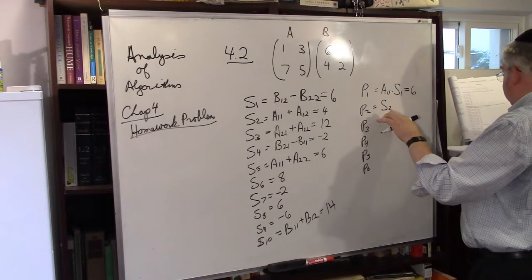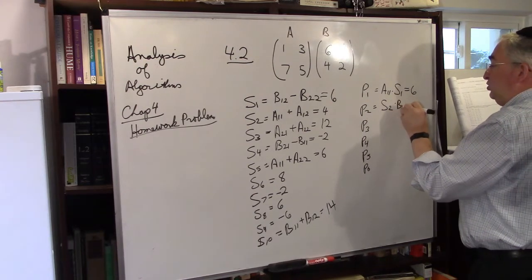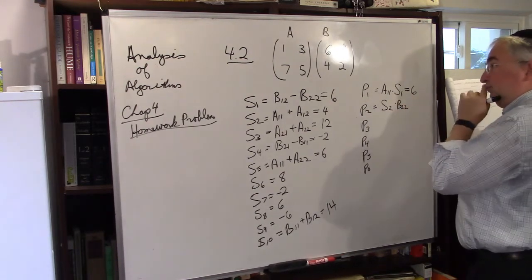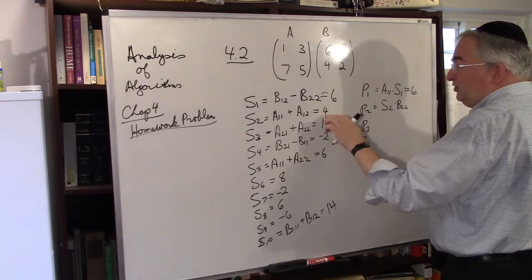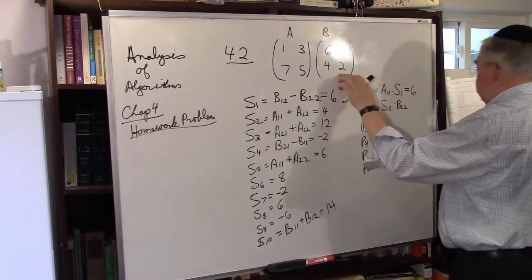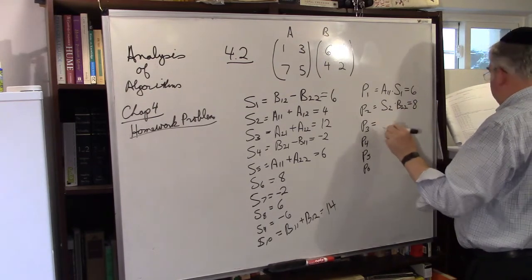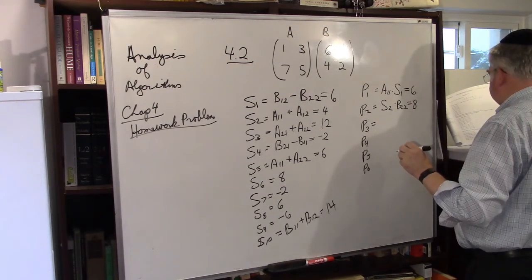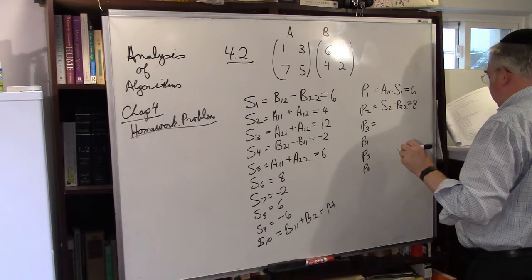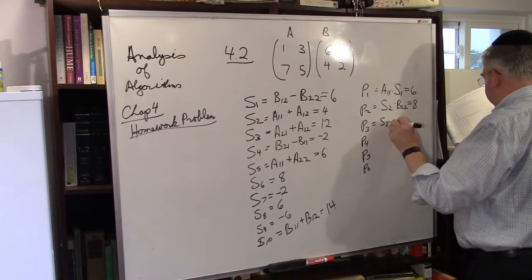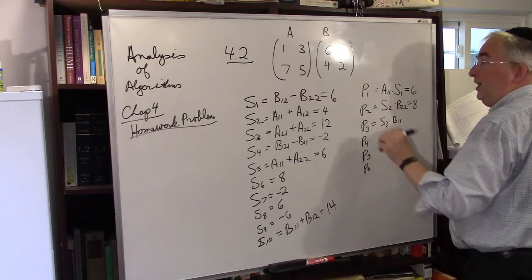P2 is equal to S2 times B22. Okay, S2 is 4, B22 is 2, so that's an 8. Okay, P3 is S3 times B11.